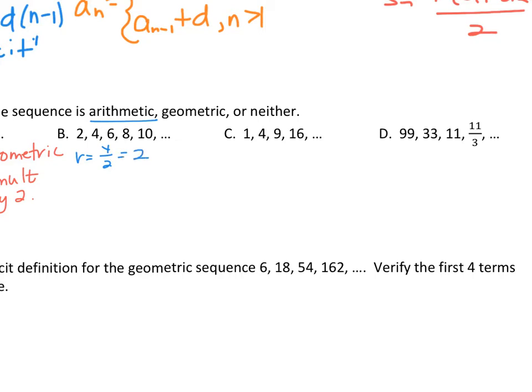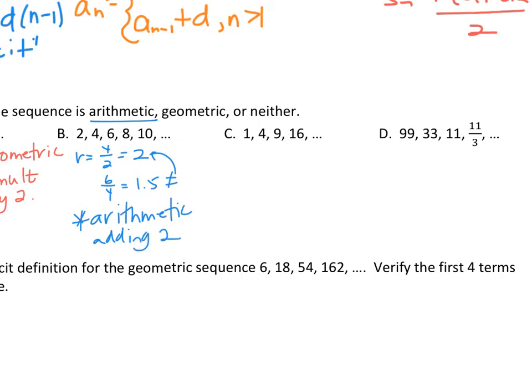But now watch what happens when we take the third term divided by the second term. We get 1.5. So not the same as that first common ratio. Therefore, it's not geometric, it's only arithmetic. And we're adding 2 each time.